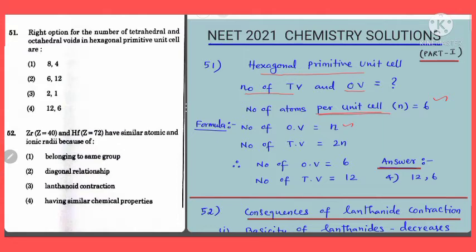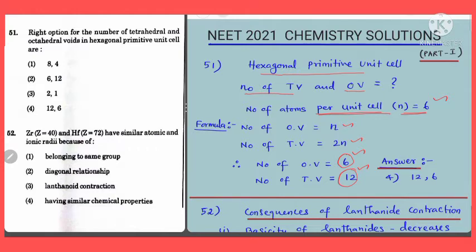The formula for the number of tetrahedral voids is 2n. Here the n value, the number of atoms per unit cell, is 6. Therefore the number of octahedral voids is also 6, whereas the number of tetrahedral voids is twice n, so 2 into 6, which is 12. Therefore the number of tetrahedral voids is 12.